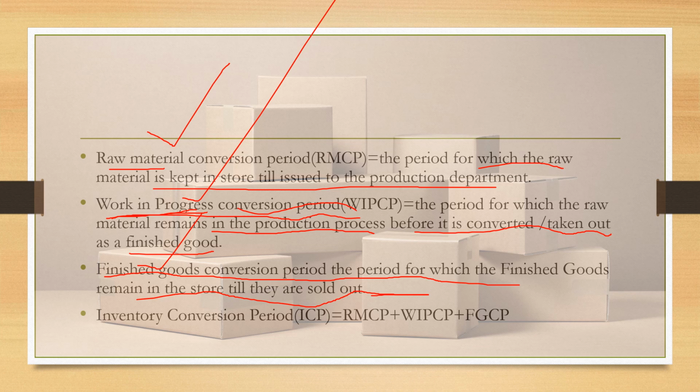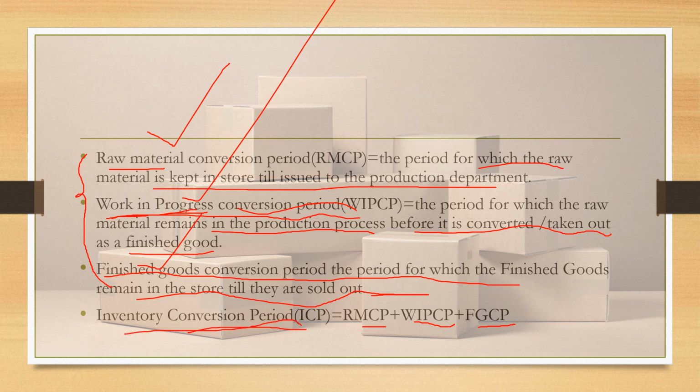Next, inventory conversion period. This is all about raw material conversion period plus work in progress conversion period and finished goods conversion period. The summation of the above three things is called the inventory conversion period.